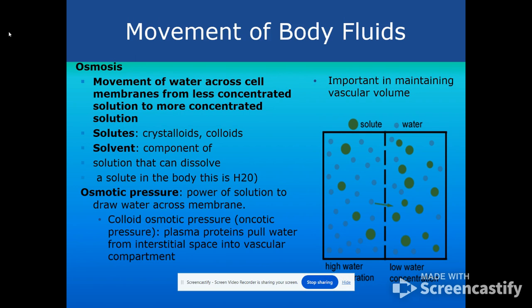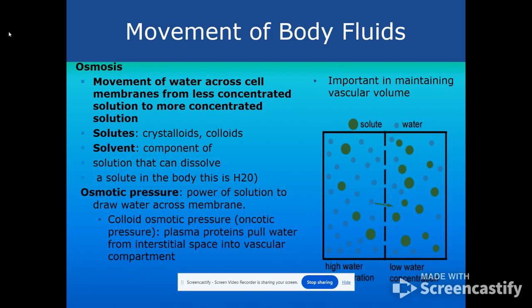In the human body, the solvent is water. Think of coffee and sugar as a solvent and solute. Osmolality is the measure of total solute concentration per liter of solution. So the number of particles or solutes per unit of solution determines the osmolality.